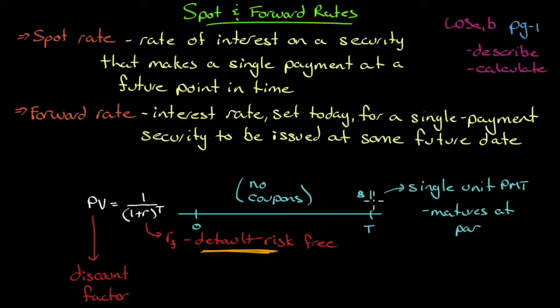What do we know about zero coupon bonds? We know they're all sold at a discount. So when we calculate the present value, we'll actually just call that a discount factor now as opposed to present value. And it's our $1 payment, discounted back to today. And again, that R, let's stress that is a default risk-free rate, which means we are talking about government securities here.